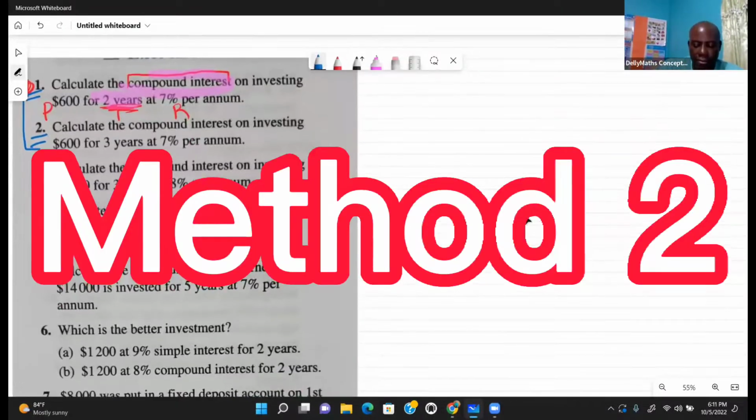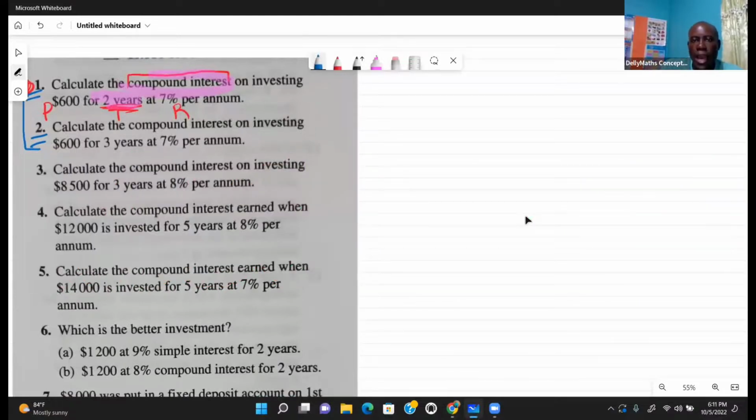Now let's write down what we have. What we have here, we have P, which is equal to our principal, which is the $600. We have T, which is for time, and it's 2 years. We also got R, which is the rate, and we got 7%.